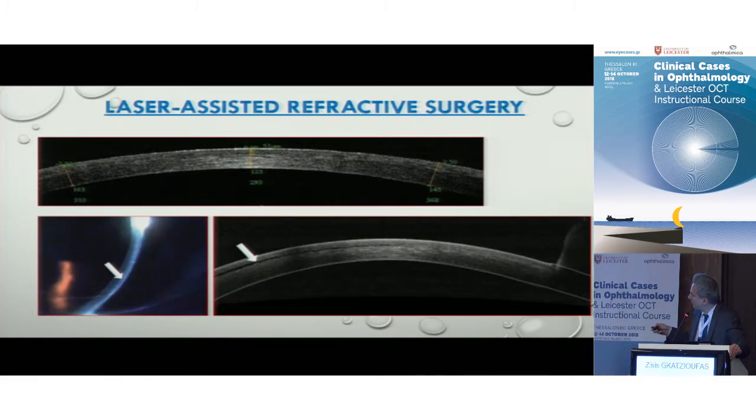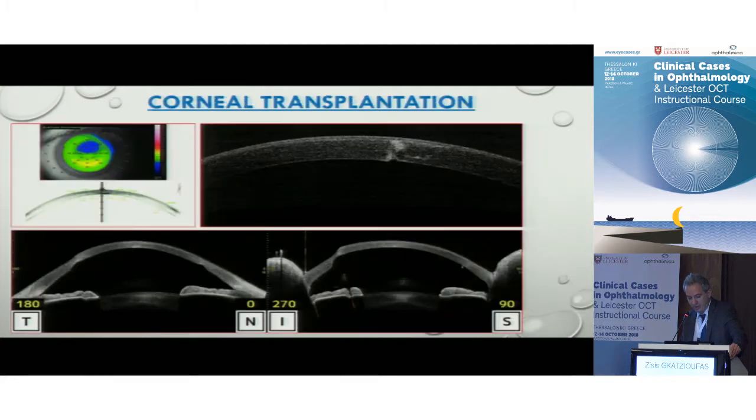So here we have a typical case of pressure-induced stromal keratopathy, the PISK syndrome or fluid interface syndrome. And you can see the accumulation of fluid in the interface. Zachariadis has shown a similar interesting case yesterday.